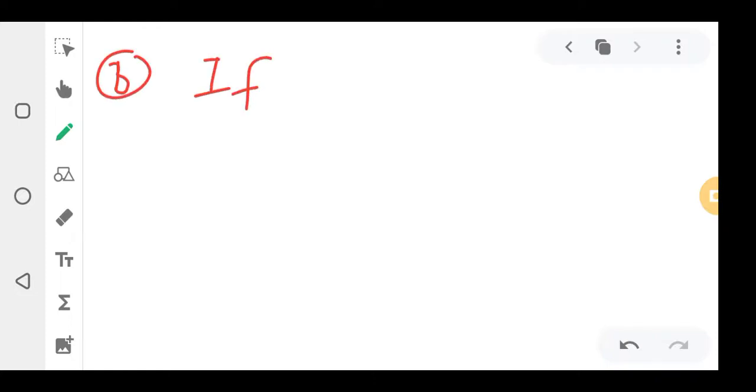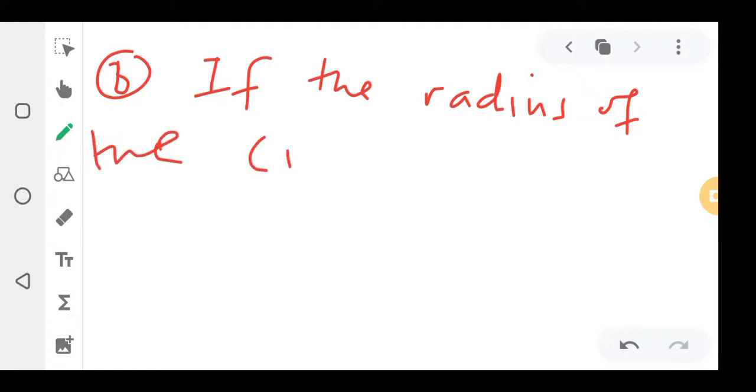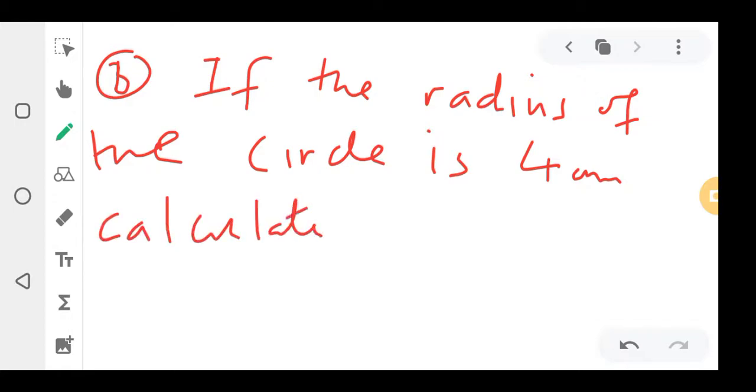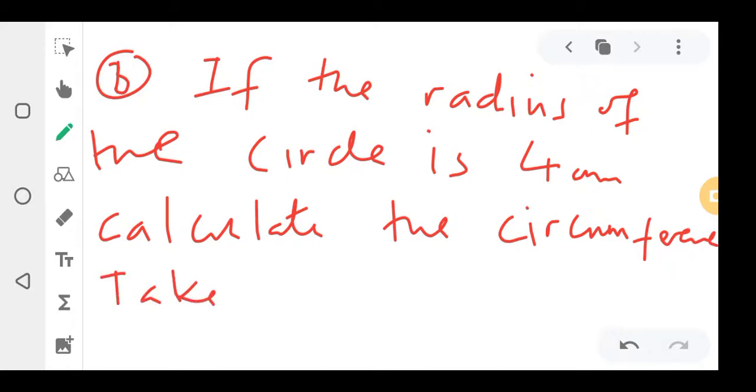They can say if the radius of the circle is 4 centimeters, calculate the circumference. Take pi to be equal to 22/7.